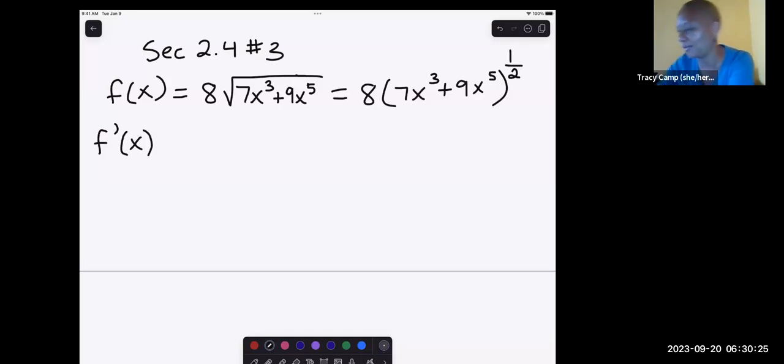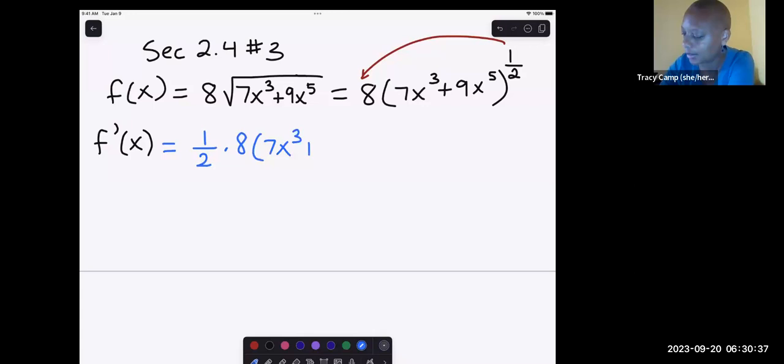So power rule, remember the exponent drops to the front. So we'll have 1/2 times 8, 7x cubed plus 9x to the 5th. Take 1 away from your power, so we'll have 1/2 minus 1. And then chain rule says you're not done because you used the power rule and you didn't just raise x to the power of 1/2.